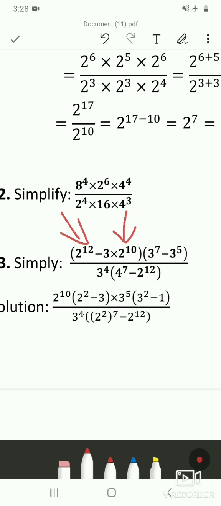Here 2 raised to 10 is a common term, so you have to take it out. So here we have taken 2 raised to 10 as common. In 2 raised to 12, if you take out 2 raised to 10, you will be remaining with 2 raised to 2. So 2 raised to 10 into (2 raised to 2 minus 3).